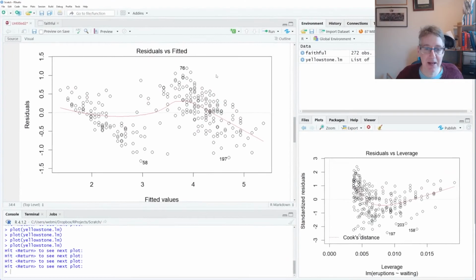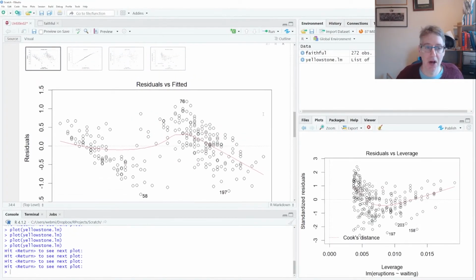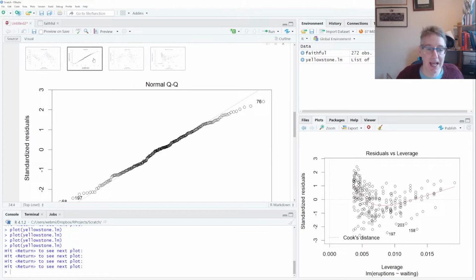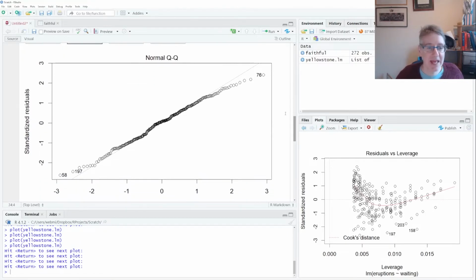Let's look at my second plot in my linear model object, and this is a QQ plot. This will tell me whether my residuals are normally distributed, and again I don't need to go into this in too much detail, but if my residuals are normally distributed, then all these points will lie on the straight line.